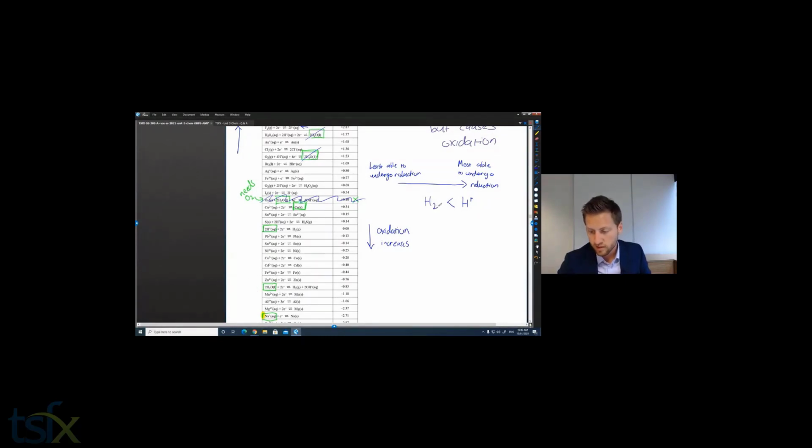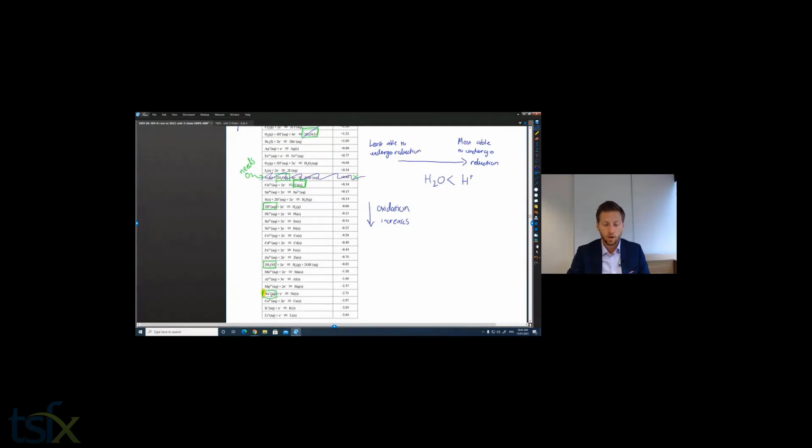So this water can be reduced next, and only then will sodium be reduced. The sodium is the lowest, or least likely to undergo reduction, then water, and then hydrogen. I'm going to put the voltages underneath just so you know exactly when you come back to it: negative 2.71, negative 0.83, because there are a few waters, and then 0.00 volts. So that's how you would do that problem.